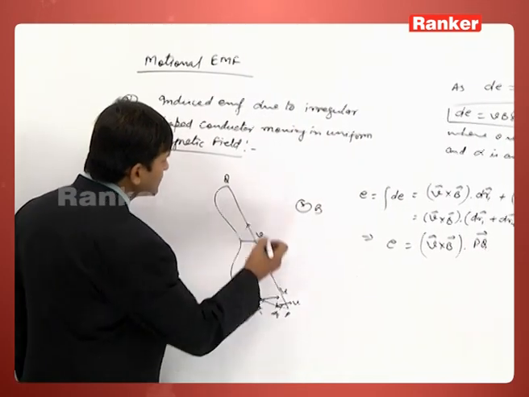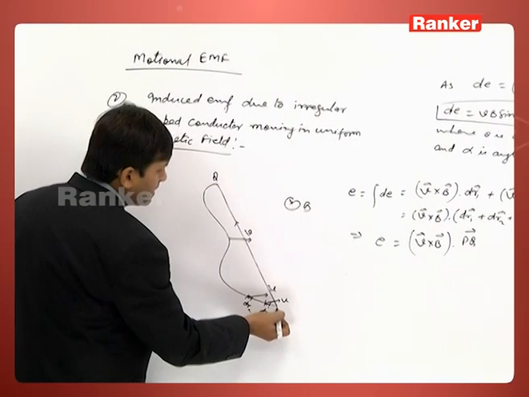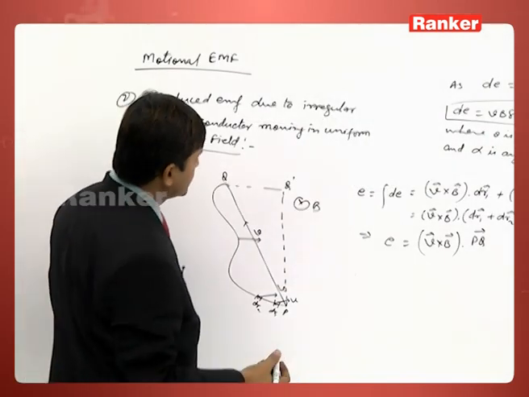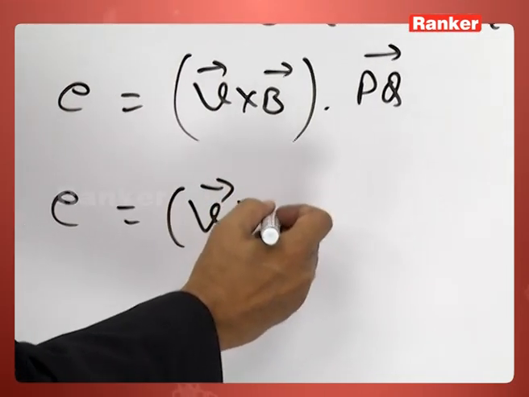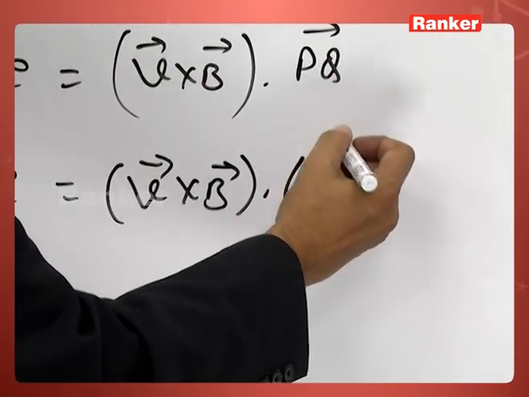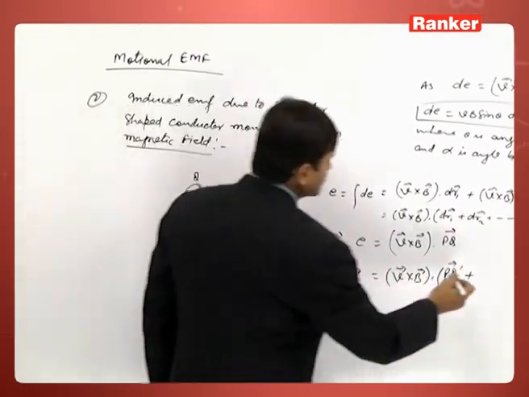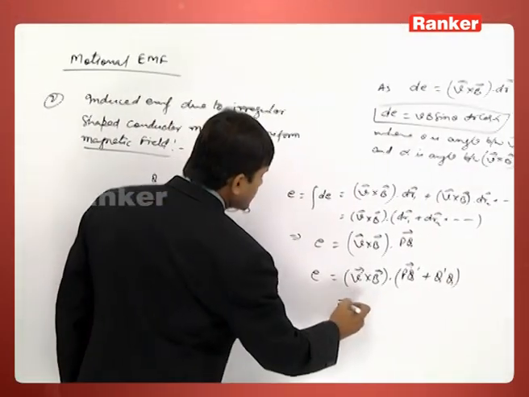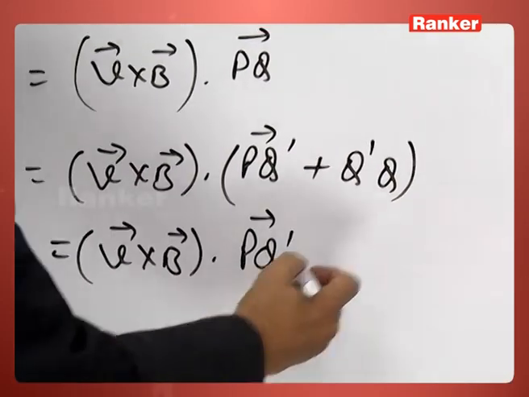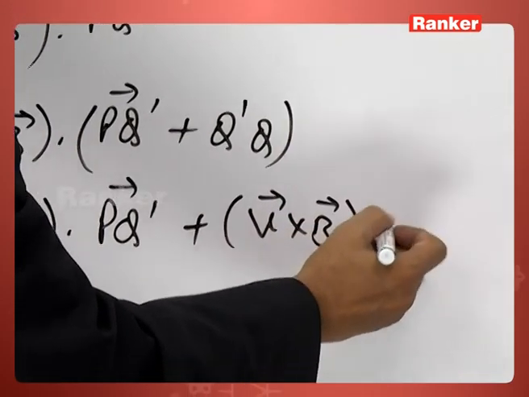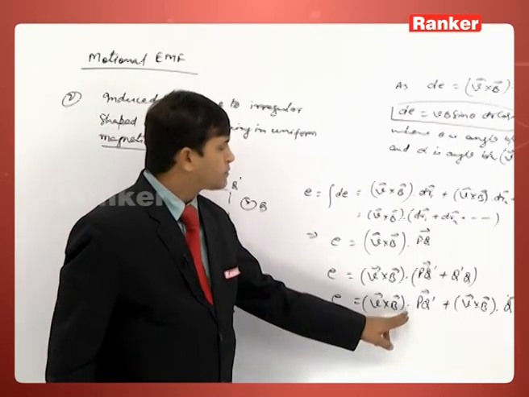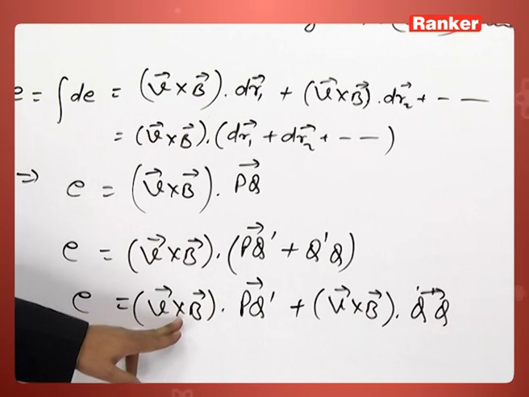Similarly, a very interesting point here: since this PQ is a vector, if we further divide this vector into two parts, with a point Q dash, we can write V cross B dot PQ as V cross B dot PQ dash plus V cross B dot Q dash Q. Now for the dot product, first we check the direction between V cross B and PQ dash.